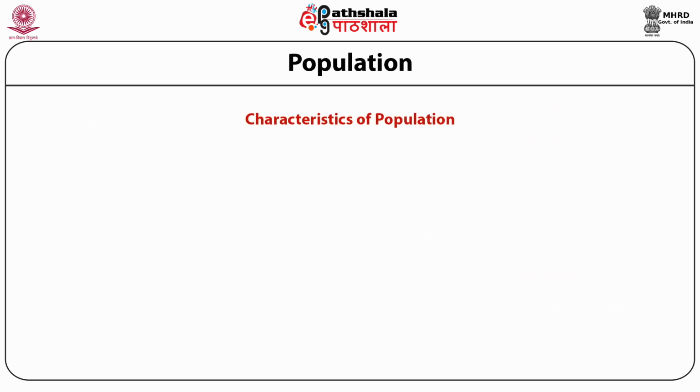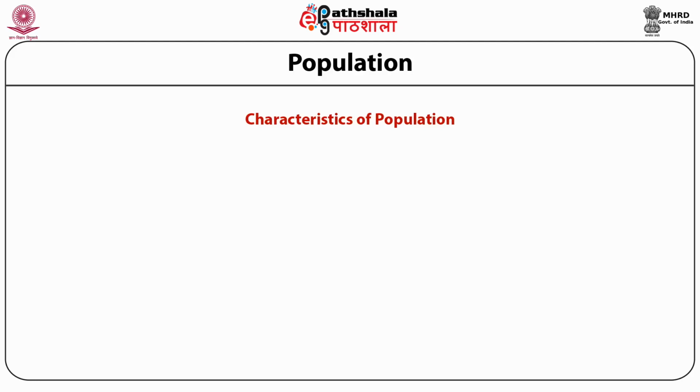Characteristics of population. The population ecologist Thomas Park expressed that a population has several characteristics or biological attributes which can be best expressed as statistical functions.